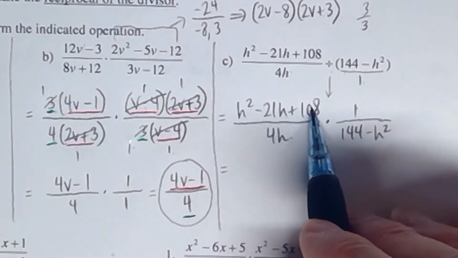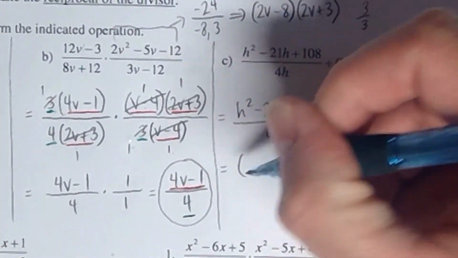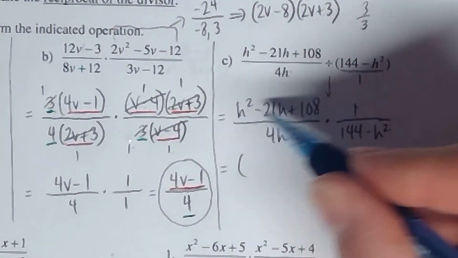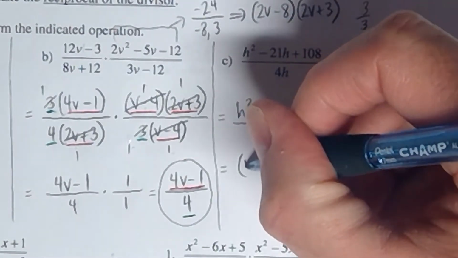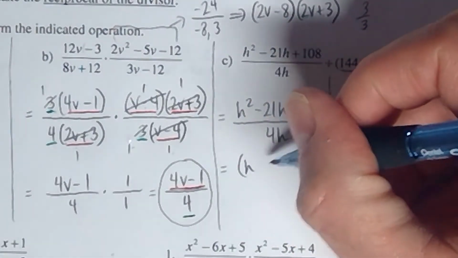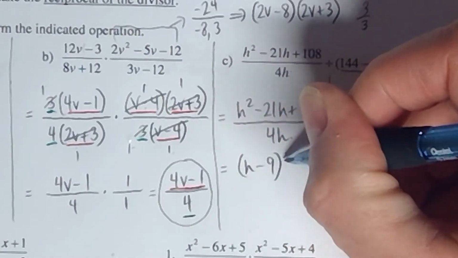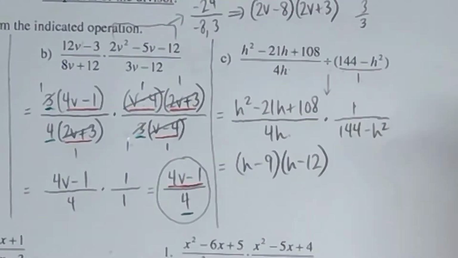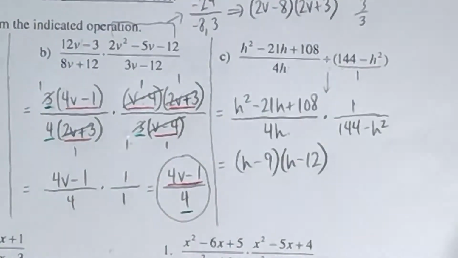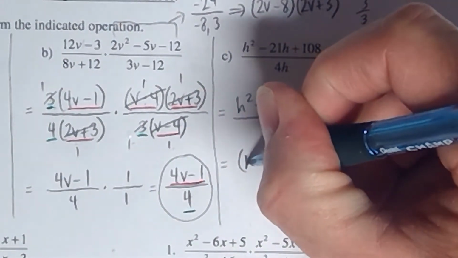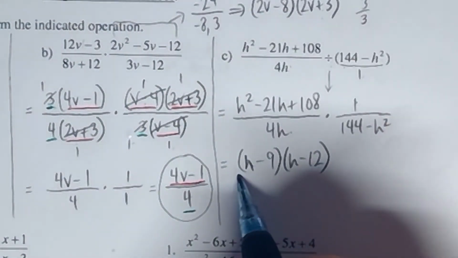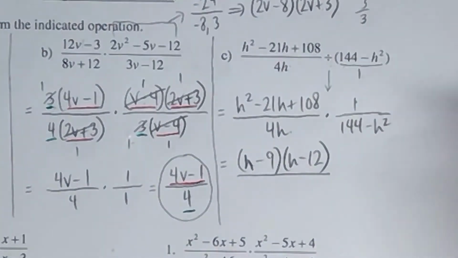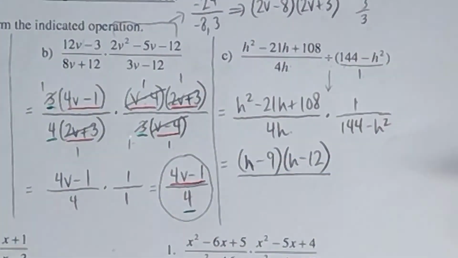This right here, however, is the Berry method. 1 times 108 is 108, and for that, minus 9 and minus 12 would add up to minus 21. And you don't need to do the last step of the Berry method there either, because the GCF of each one of those brackets is 1.